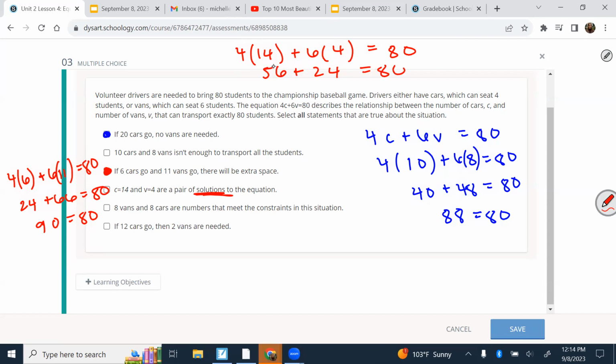And then 56 plus 24, is that going to be 80? So in that case, these are a pair of solutions. They have to be plugged in and make the equation true, which they do. Then 8 vans and 8 cars are numbers that meet the constraints in this situation. Not sure what you're needing. Let me see what happens when I plug it in.